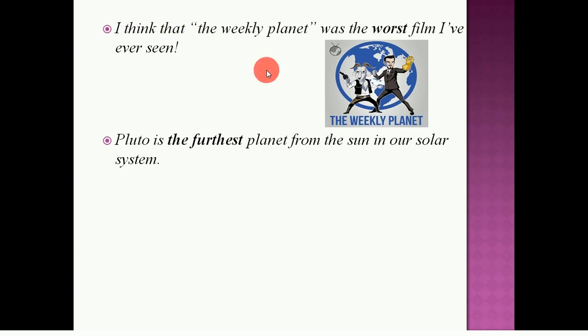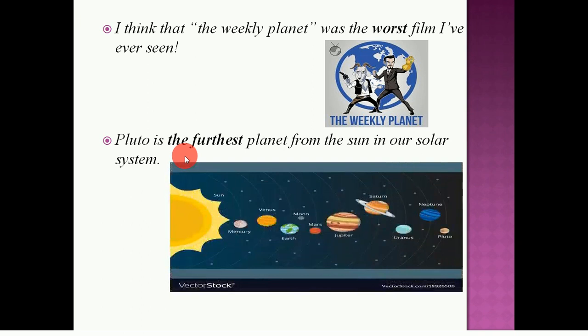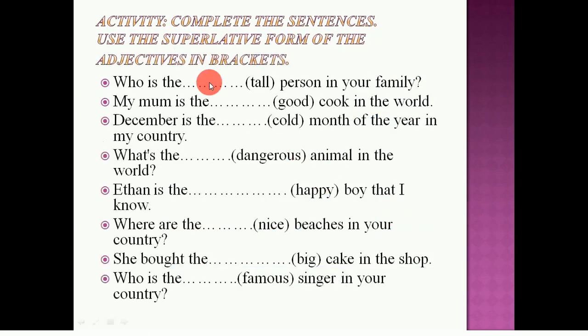Do you remember this is the superlative form of which adjective? It is the superlative form of adjective bad. Pluto is the furthest planet from the sun in our solar system. Pluto is the furthest يعني أبعد. okay.